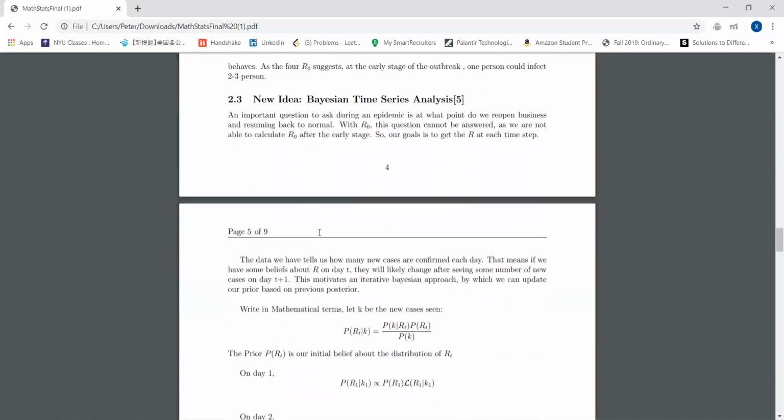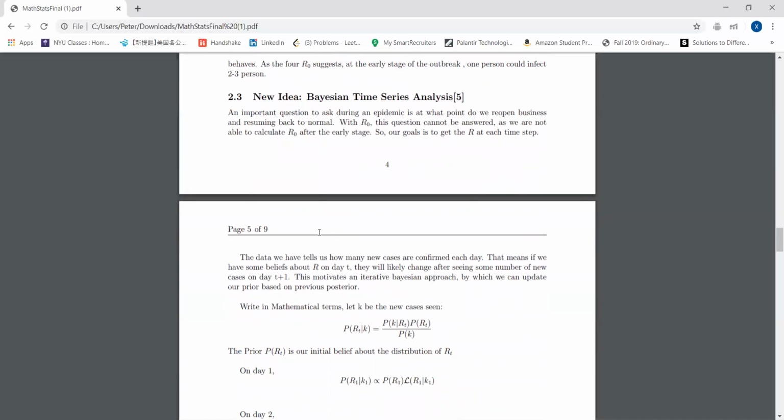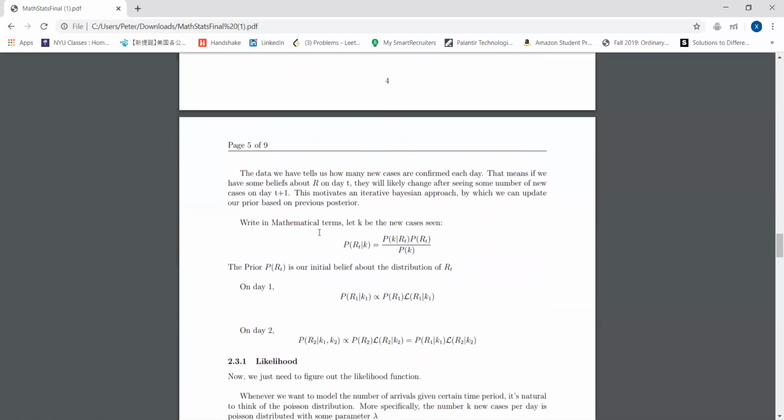So say for the first day you have some belief about what the distribution of R naught is. But after you have seen k cases on that day, the distribution of R naught for your next day is probably going to be affected. Say I saw a large number k on day one. That will probably affect my belief of how R naught will be distributed on the next day.